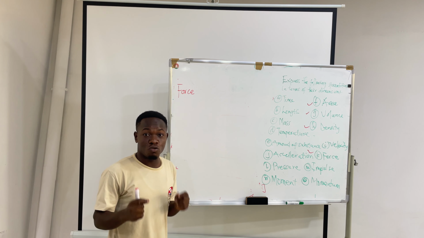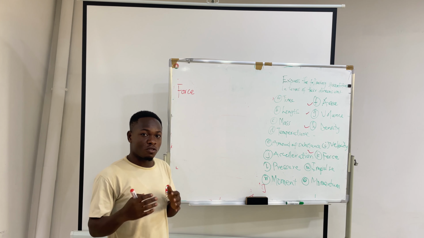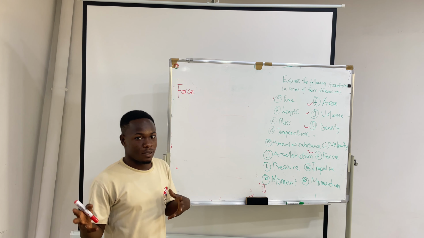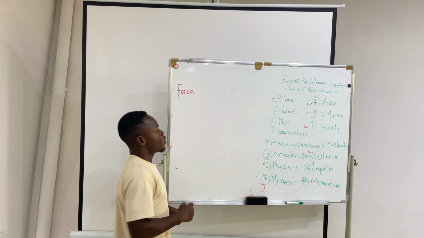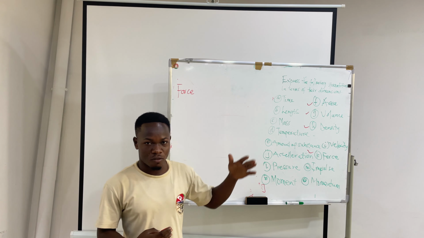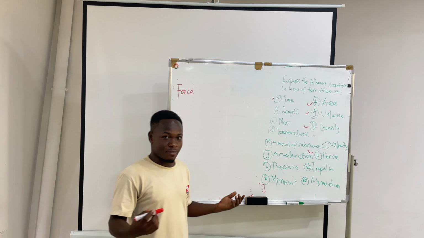So what you want to do to help yourself is familiarize yourself with the formulas of almost all the derived quantities, especially, so that finding the dimension will be easier for you. With practice, it will become easier. You will not have to go through the whole steps of writing a formula. You get to recall it from memory, so things will become easier for you.